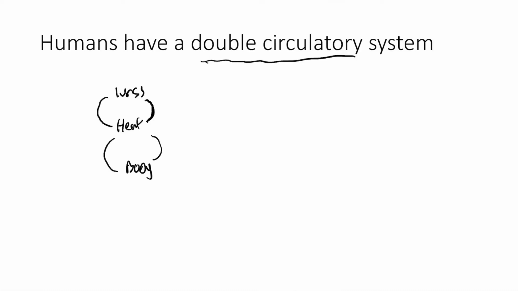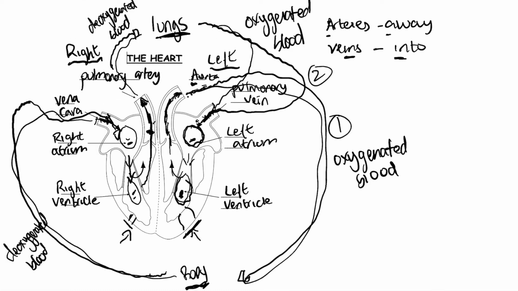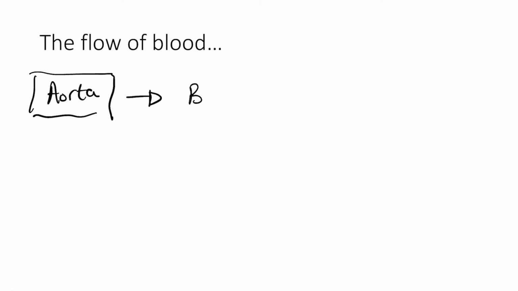So just on from that, I want to very quickly summarise the flow of blood. I did it on this diagram here, but obviously that maybe doesn't make much sense to you, so let's break that down. We can start anywhere on our journey, but I'm going to start at the aorta again just to keep things the same. So from the aorta, you'll remember that the blood goes to the body. Now that's all the body, every part, every organ, all the cells in our body.